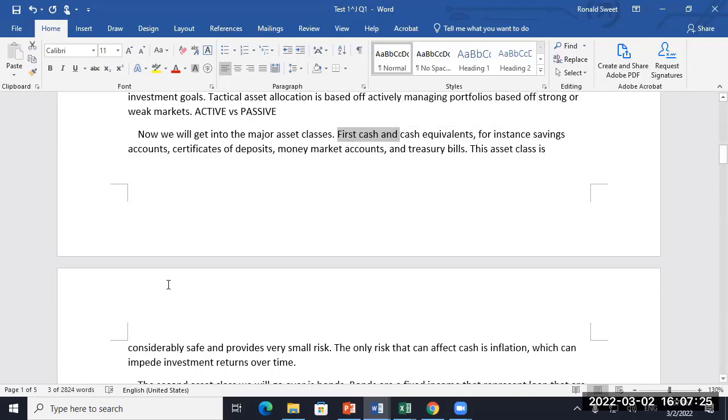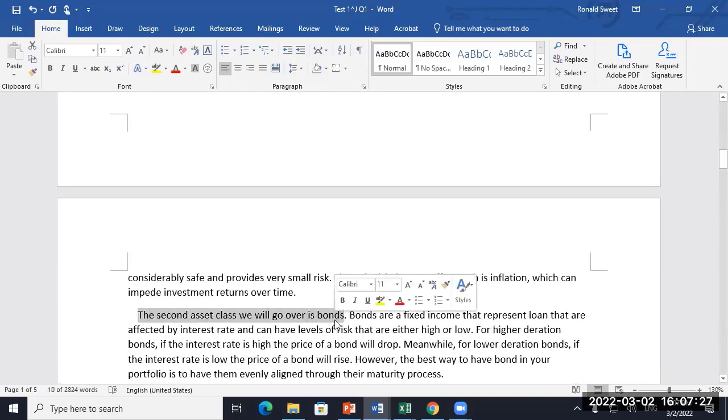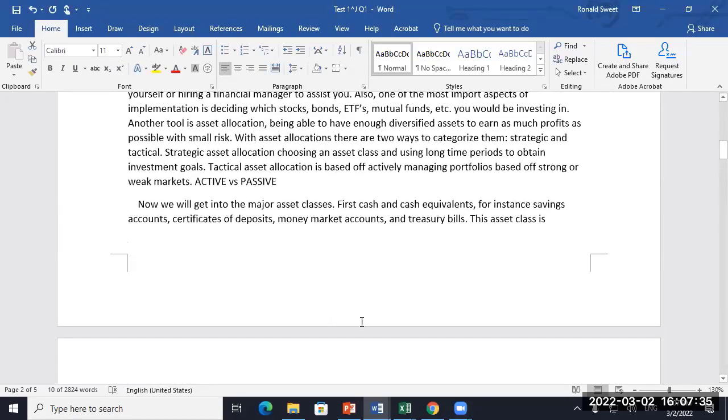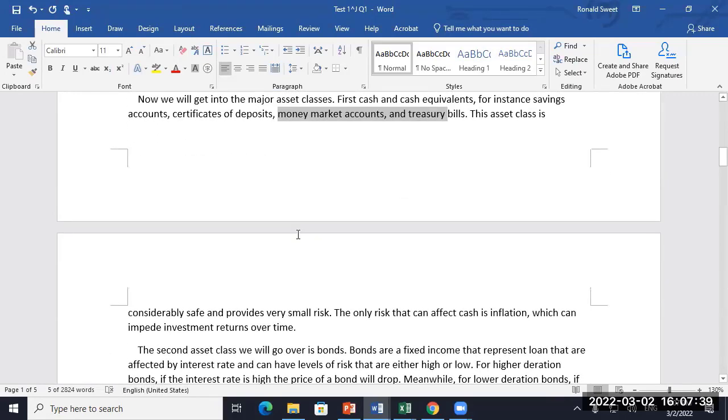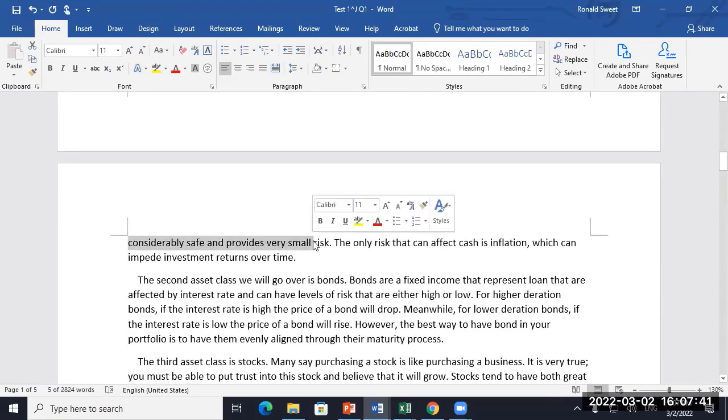Because she says first, second is bonds. So I would give her full credit, but it's probably good just to say the 4 major asset classes are cash, bonds, stocks, and alternatives. And then she starts with cash. She gives examples. That's good. She talks about its characteristics.